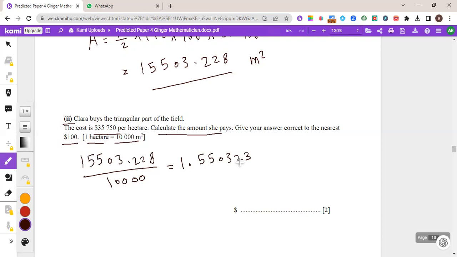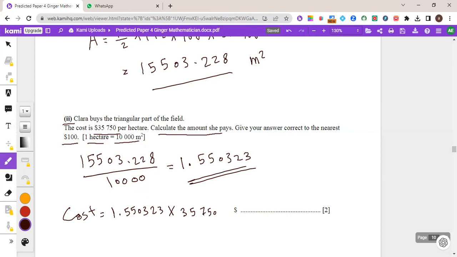Now we multiply by 35,750. Then to get the cost, I will multiply this area by the cost. So 1.550323 times $35,750. Only like this.